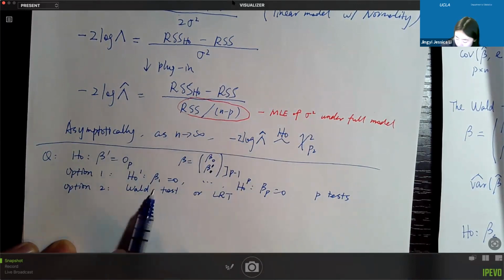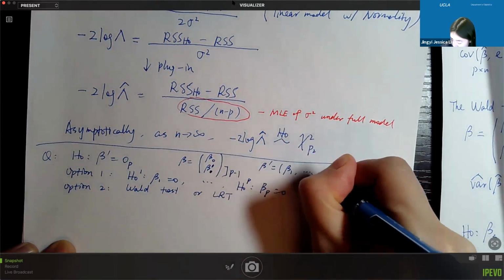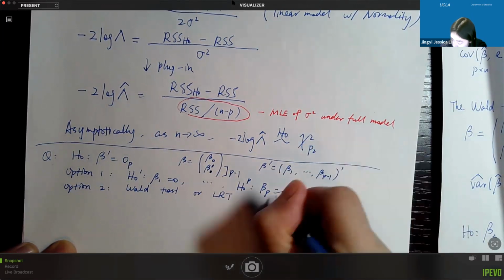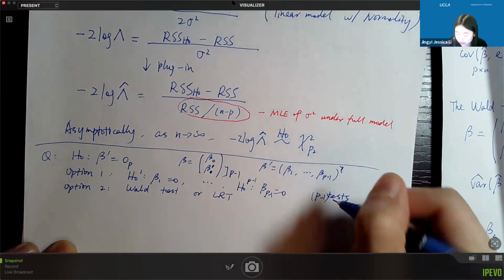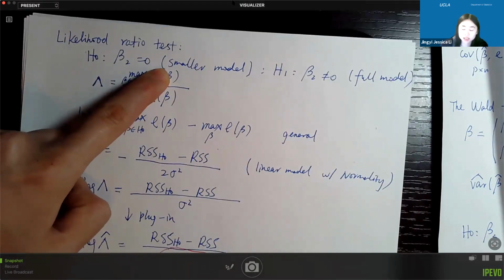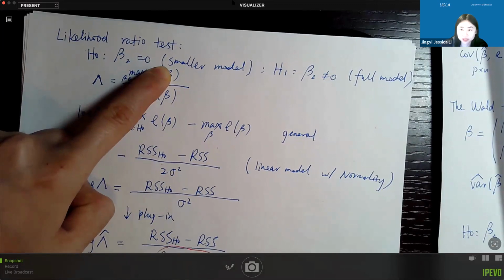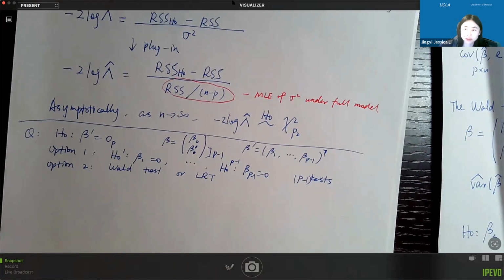I'll write it down as beta 1 to beta p-1, transpose. Then I have p-1 tests, and I can consider either doing p-1 tests or a Wald test. In this case, if you're doing a likelihood ratio test, your smaller model will just be the intercept-only model. That means if you fit that model, you will use the average of your y1 to yn as the fitted value for each yi.